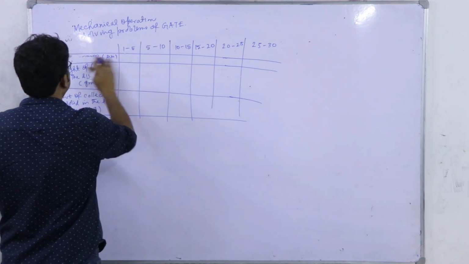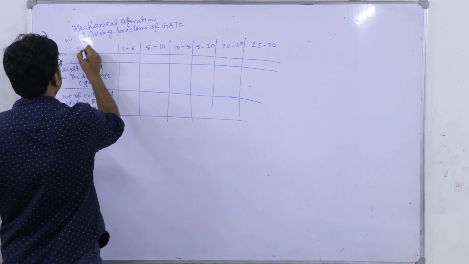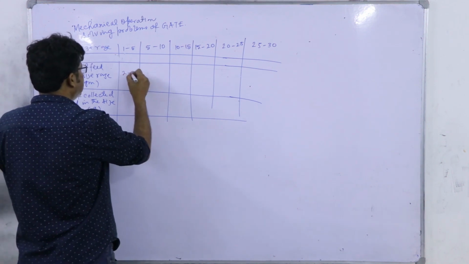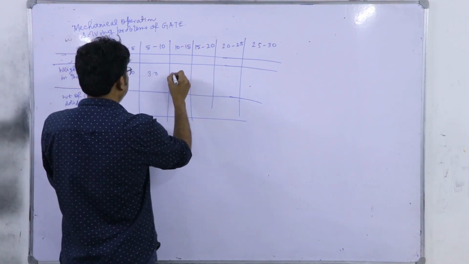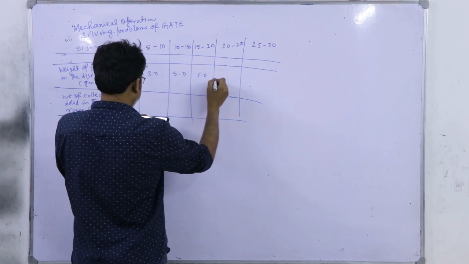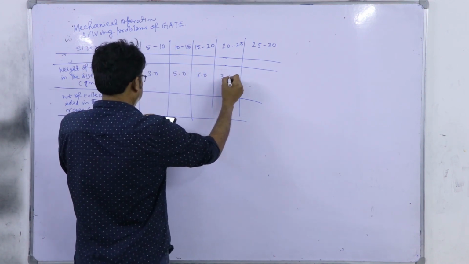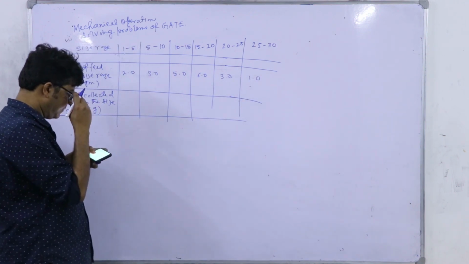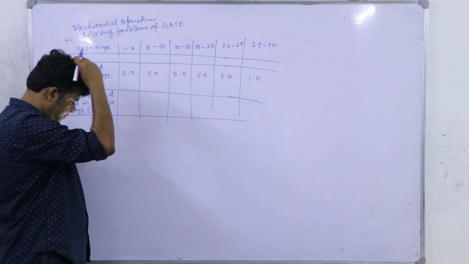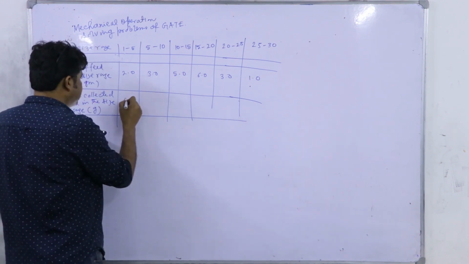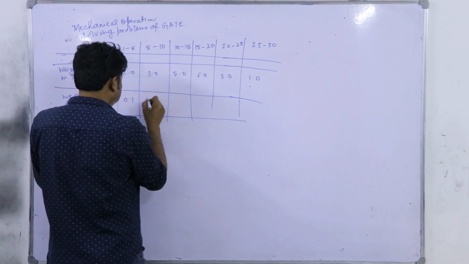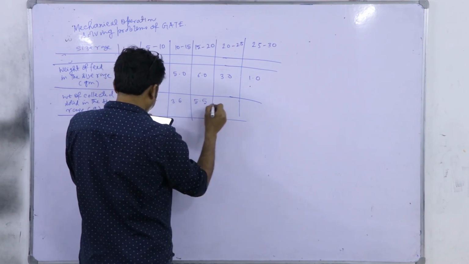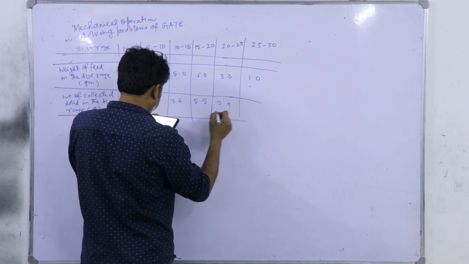Sorry, this is the size range, and the feed weights are 2, 3, 5, 6, 3.0, 1.0. And the collected solid weights are 0.1, 0.7, 3.6, 5.5, 2.9, 1.0.